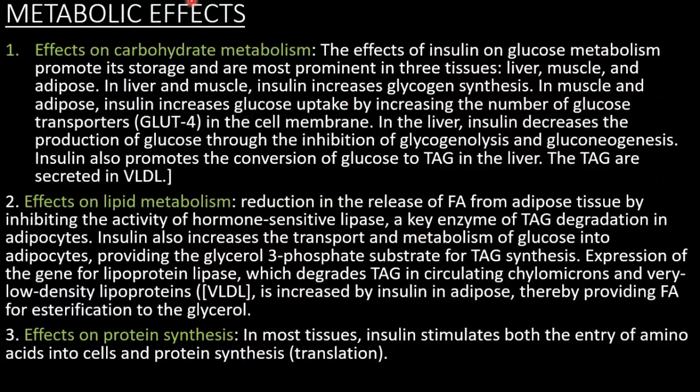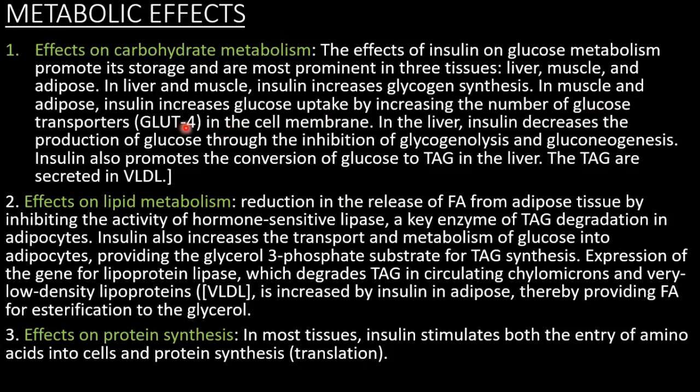Now, metabolic effects. What are the effects of insulin on carbohydrate metabolism? It usually affects three tissues, mainly liver, muscle, and adipose. In the liver and the muscle, it will cause glycogen synthesis. In the muscle and the adipose, it increases glucose uptake by increasing the number of glucose transporters.